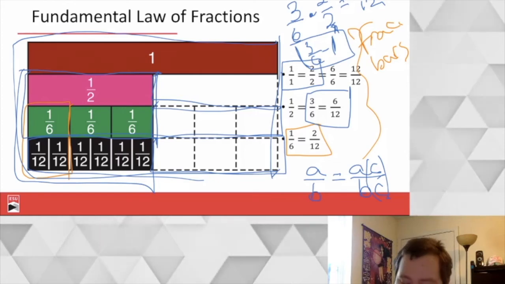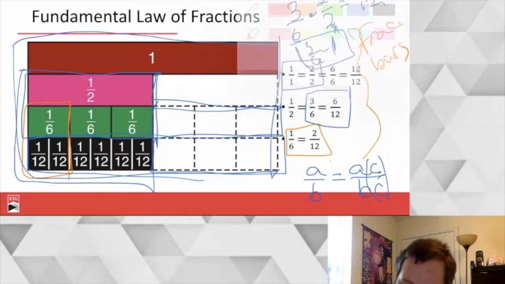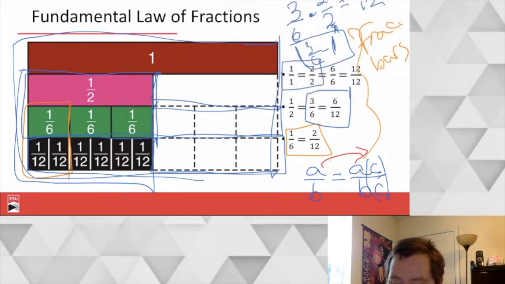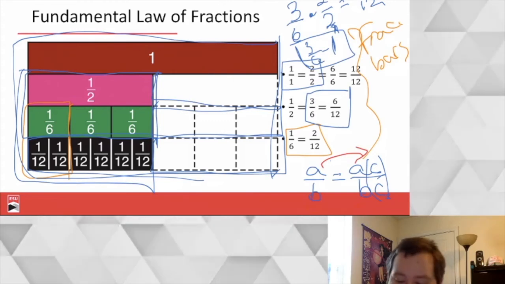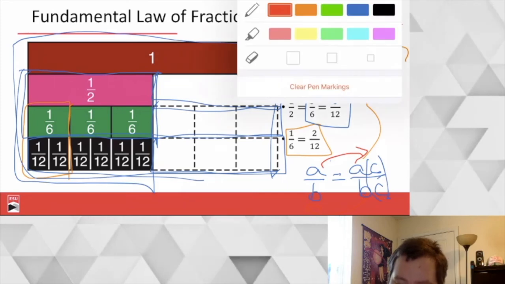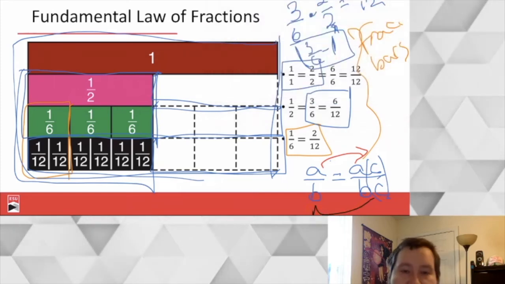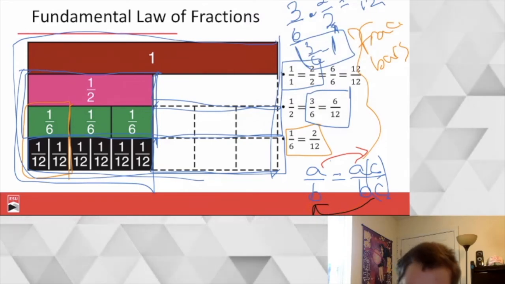The nice thing about equality is it means we can go both directions. So we could multiply top and bottom by the same thing, or if we have the same thing on the top and bottom, we can cancel them out. So that's the process of common denominators and reducing fractions.